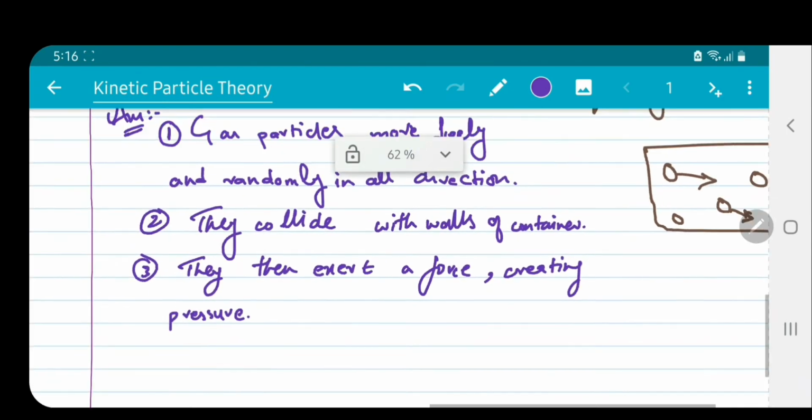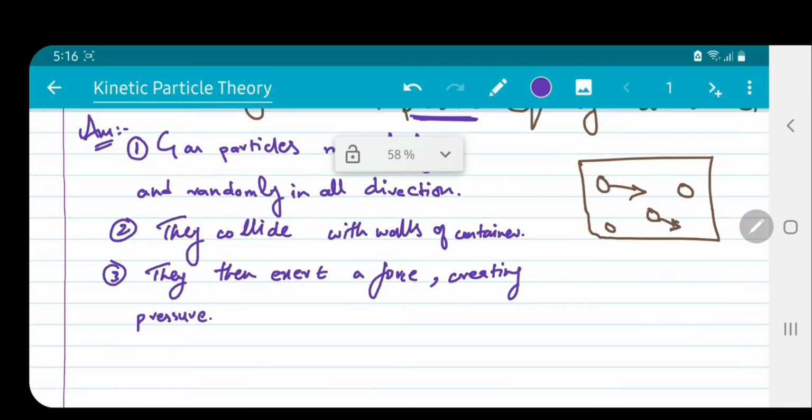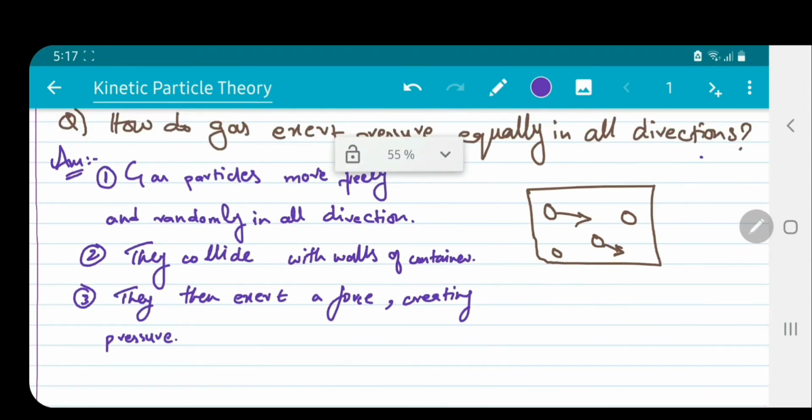As a result, they exert a force due to a change in momentum, but that is typical physics and we won't go into that detail. For this chemistry, we would just say that they exert a force, creating a pressure. So you would be gaining 3 marks out of it.